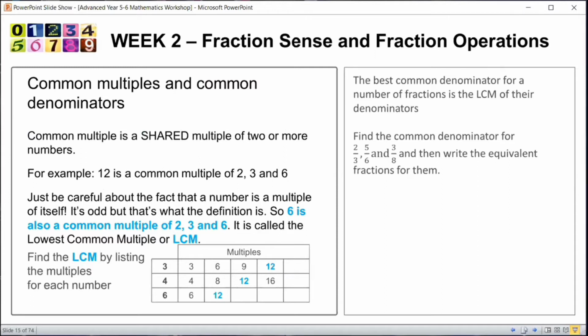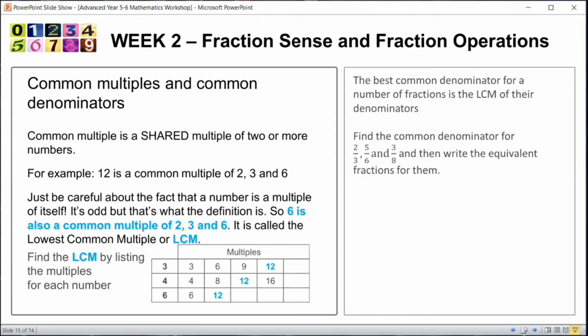All right, now common multiples and common denominator. Now, the common denominator is something you already know. Now, a common multiple is a shared multiple of 2 or more numbers. So here, 12 is a common multiple of 2, 3, and 6.